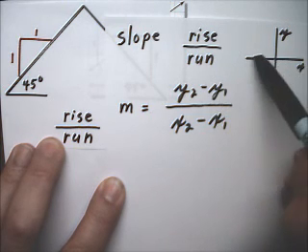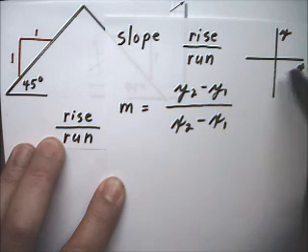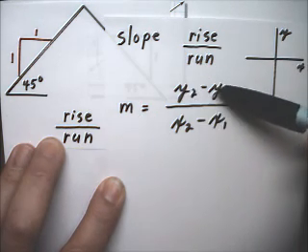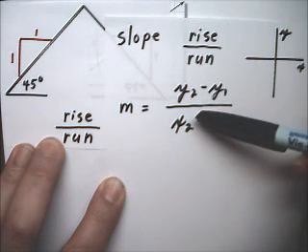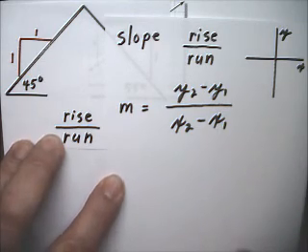The run is the distance this way. So we have to subtract the x values to get the run. So the slope being y2 minus y1 divided by x2 minus x1 should make sense to you.